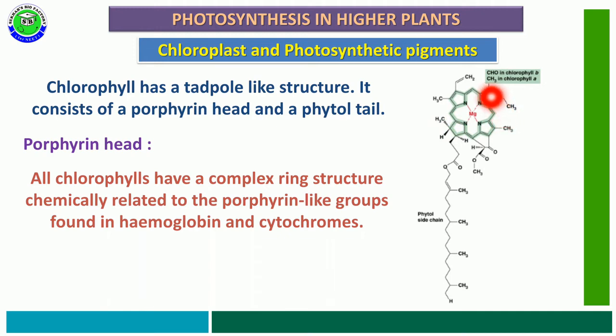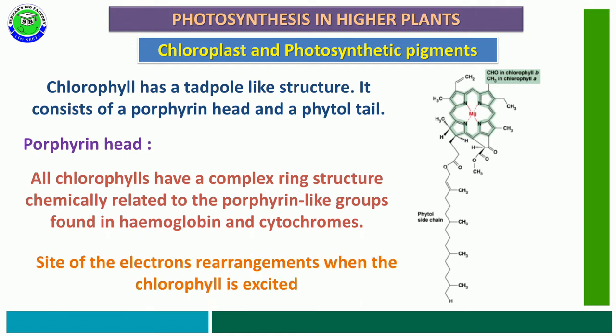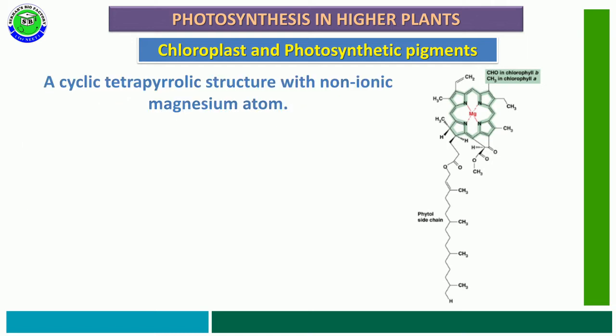It is related to the porphyrin-like group, and such a porphyrin group is also found in various other molecules like hemoglobin and cytochrome structures. It is the main site for electron rearrangement when the chlorophyll pigment, after absorbing light energy, gets into an excited state, and in this excited state, an electron will be released from the chlorophyll molecule in light reaction.